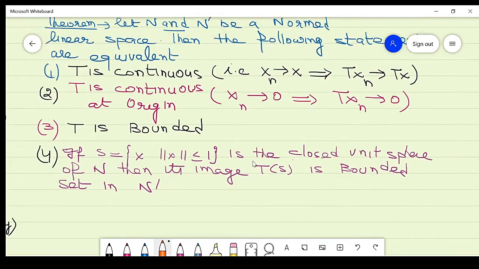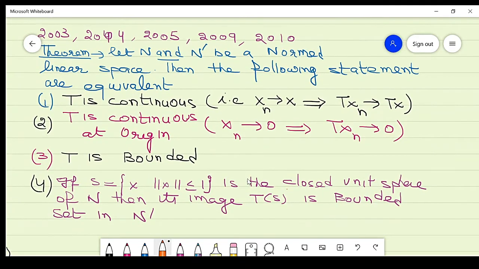After this, there is a very important result, normally expected for examination. If N and N dash are normed linear spaces over the same field, then the following statements are equivalent. Number 1, T is continuous. What is the definition of continuous? If xn, any sequence in N, approaches x, then its image approaches the image of x.